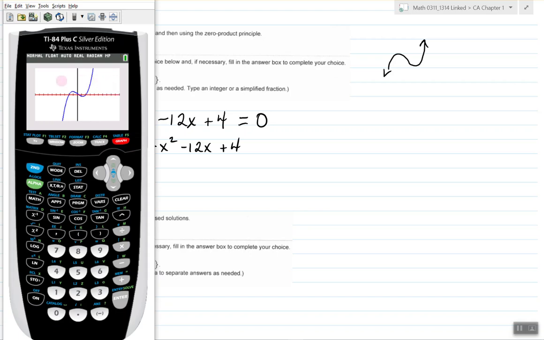There's too much space at the top and too much space at the bottom. You don't have to work with the window this much, but I am. And remember, top and bottom are always Y's. So I'm just going to put -25, and for Y max, +25. And let's see. There we go.